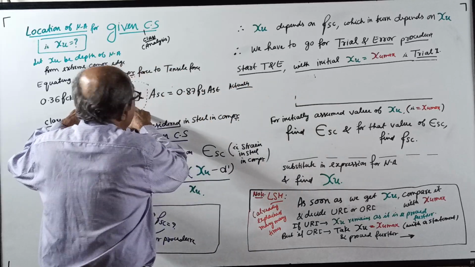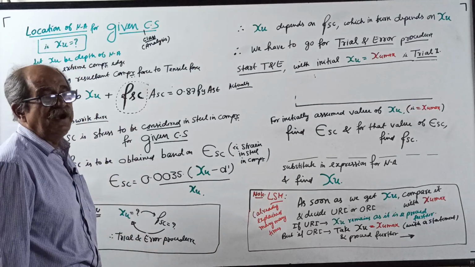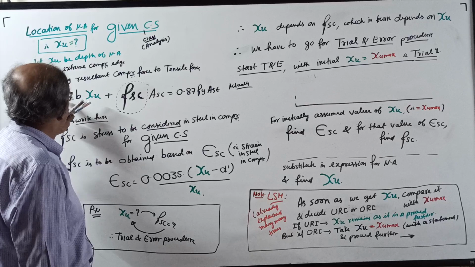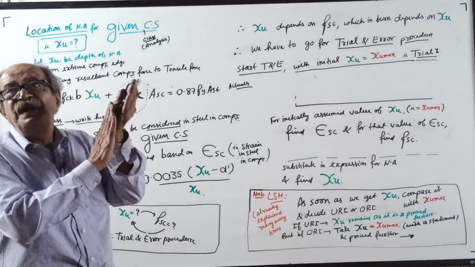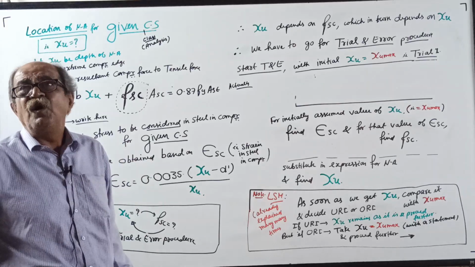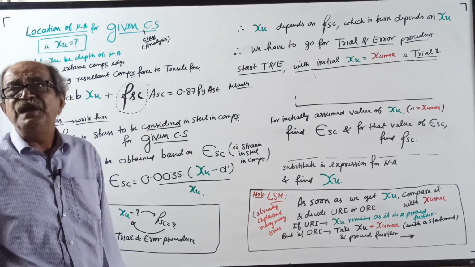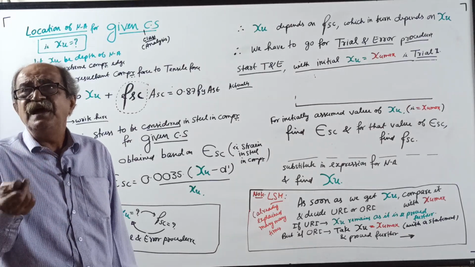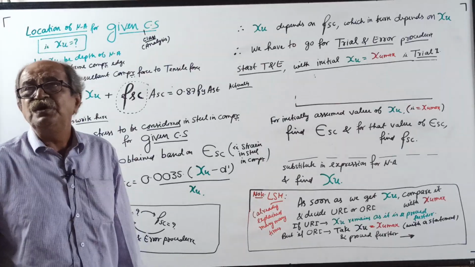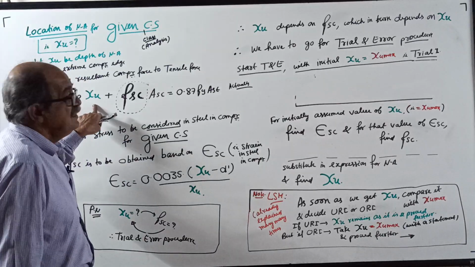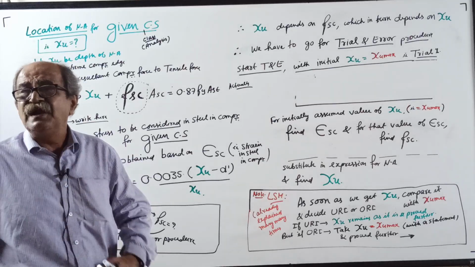Actually, there is an error here, because when you take the compression force in concrete equal to 0.36 FCK into B XU, you are considering the entire compression area of B into XU. But the area occupied by ASC is not there, so you have to account for that and subtract the force in that area. In working stress method, we do it.